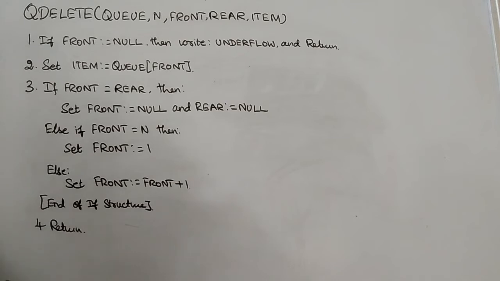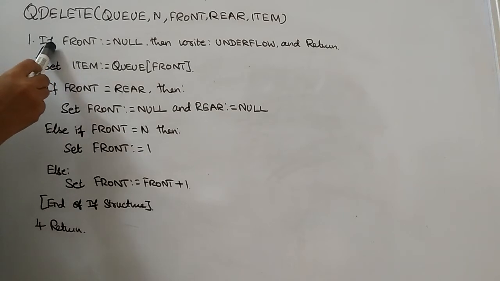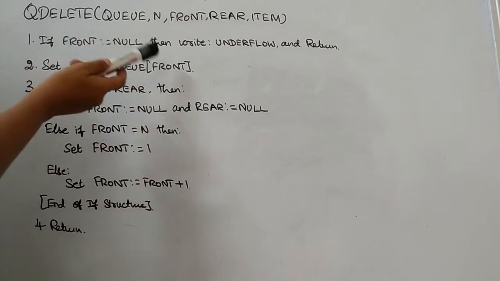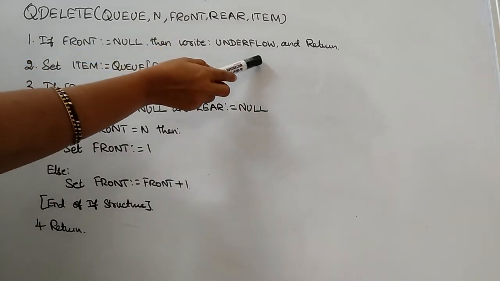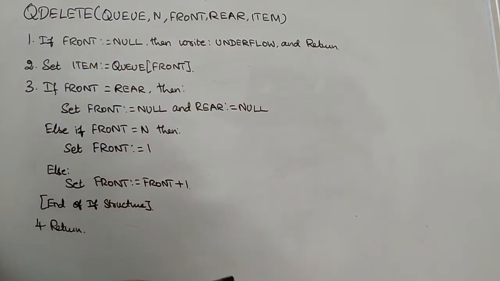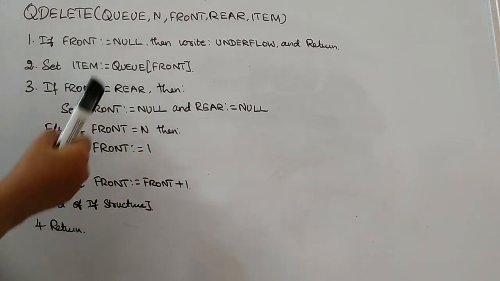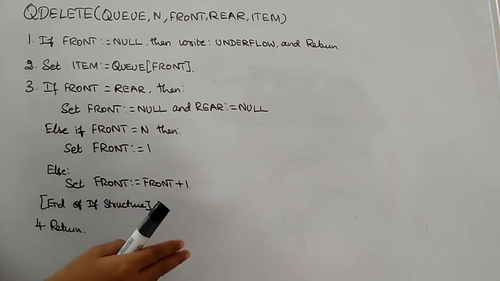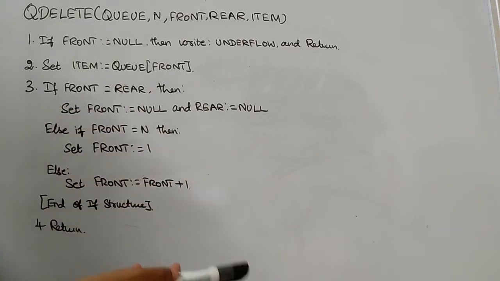It's very meaningless, right? That's why, in order to check whether the queue is empty or not, here I am going to check the condition if front equal to null. It means if the front is equal to null, then I can prompt the user as underflow and return. You know very well, if I try to insert an element when the memory location is completely occupied, overflow will occur.